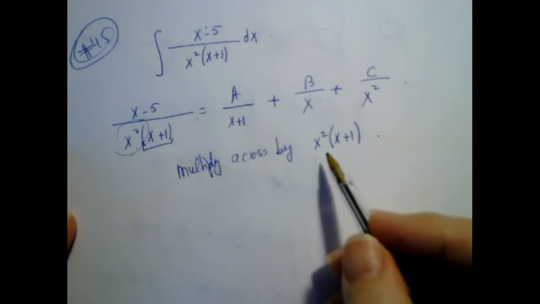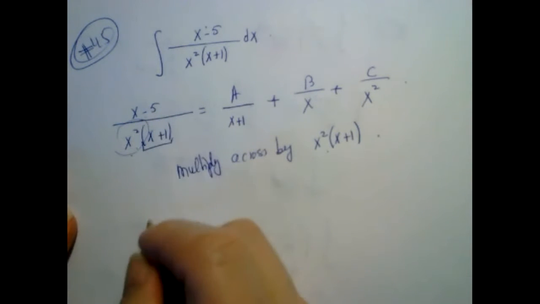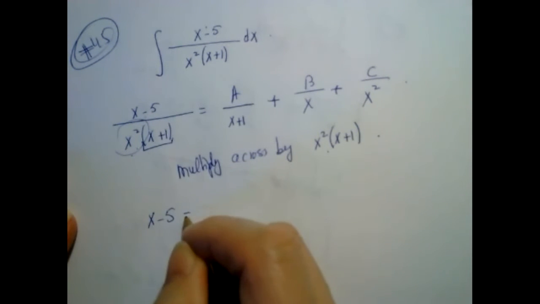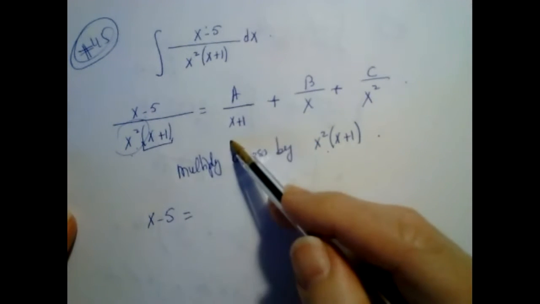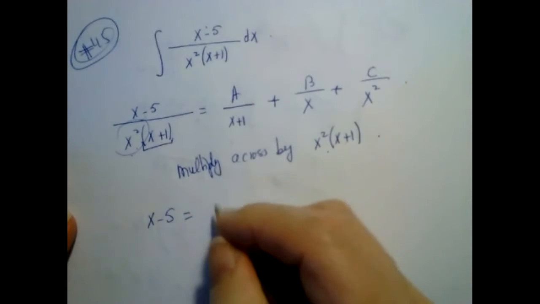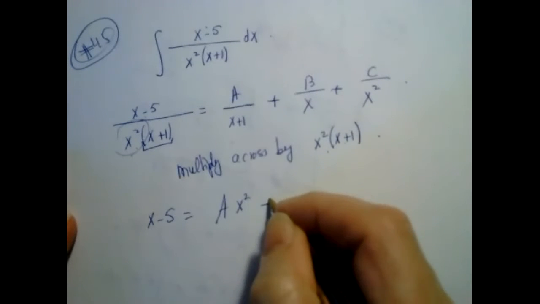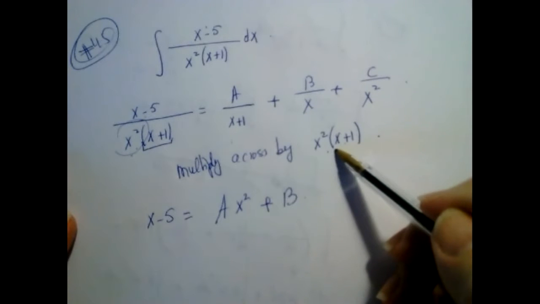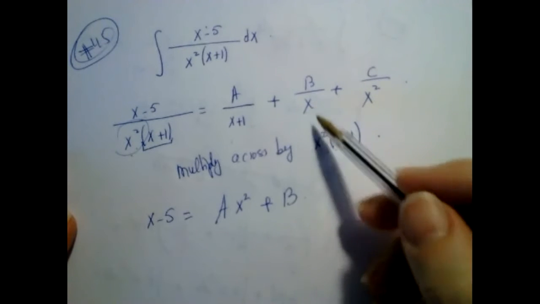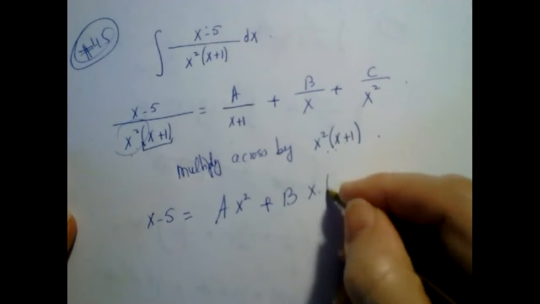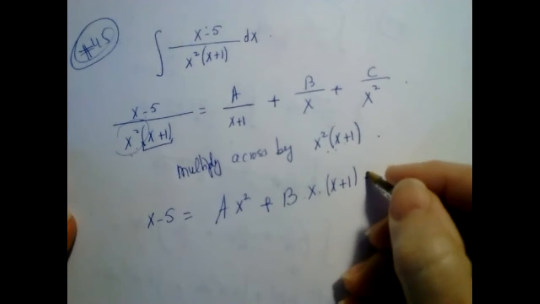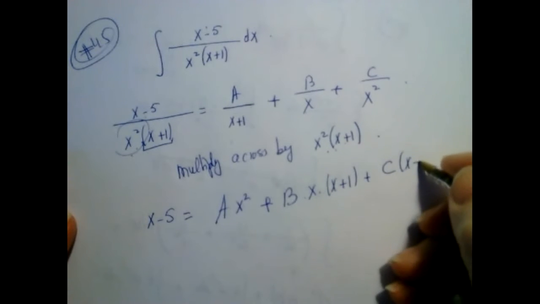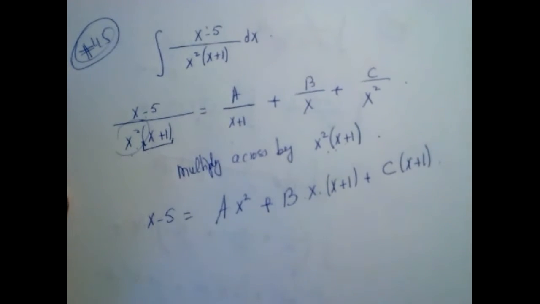And then we do that. If I multiply this by this term, I will get x minus 5 equal A over x plus 1 divided by this, I will be left with x squared, plus B over x. If you multiply it by x squared times (x plus 1), one of the x's simplifies, the 1 stays, and this will give me the x plus 1.